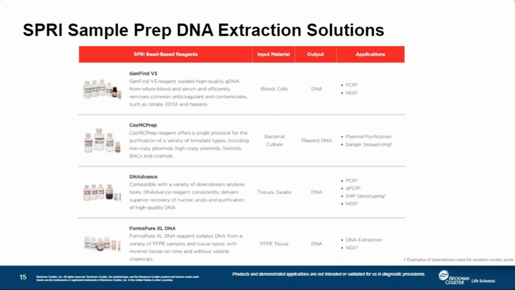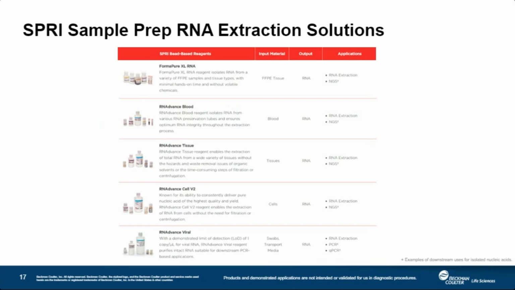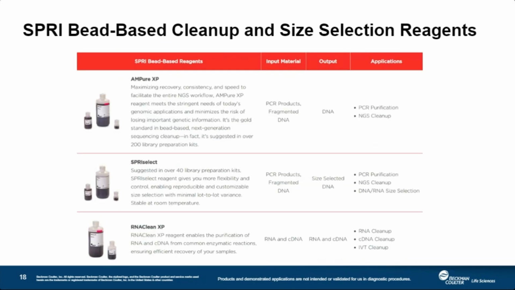It'll help you pick what kit would be best for your particular application. We also have kits that are for DNA and RNA extraction, so for total extraction, for RNA itself, and as I mentioned, for bead-based cleanup and size selection reagents.